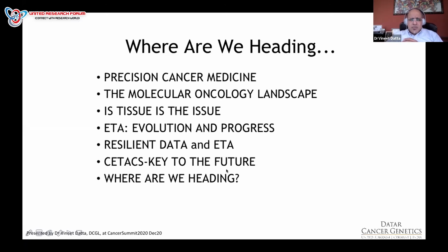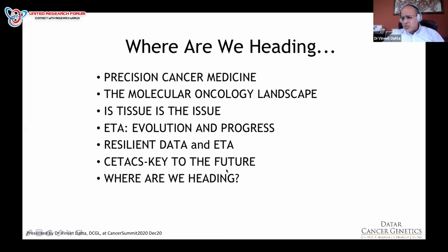When we talk about precision oncology, it's not just putting the right targets in space, looking at the right drug for the right patient, but it also looks at how you provide the treatment in the right way and what's your right turnaround time, which I think is very important. And sometimes I think we overlook that as clinicians.